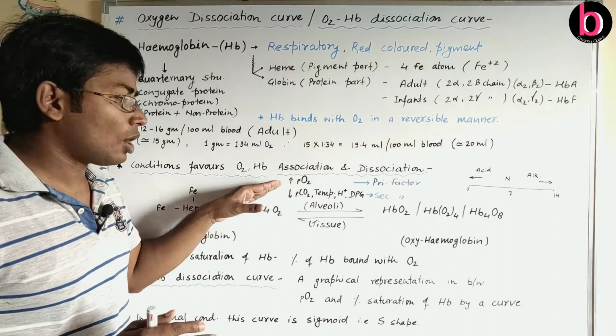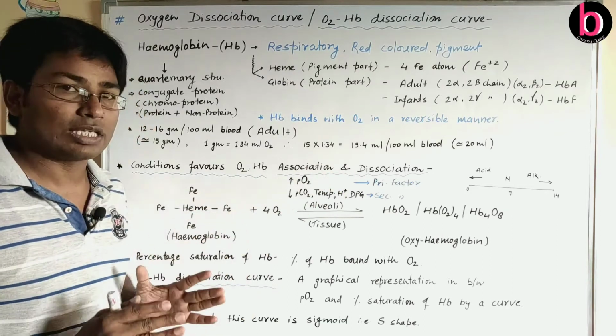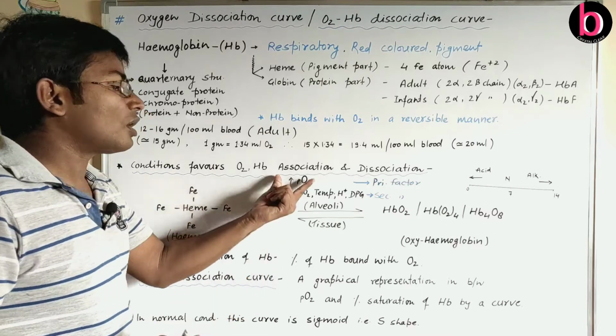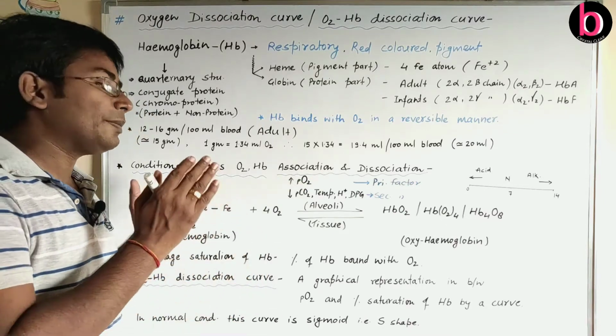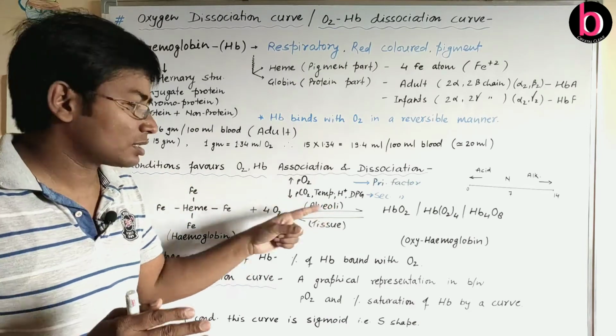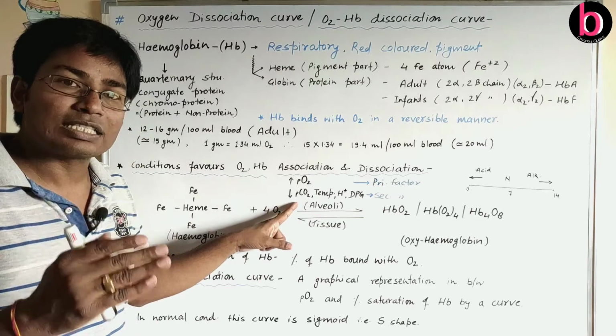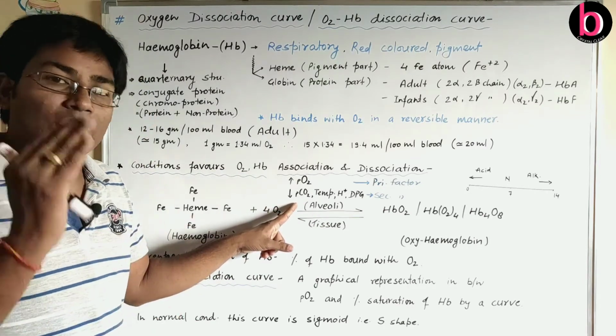So oxygen is the primary factor that will cause association. In our body, the partial pressure of oxygen will be maximum inside the alveoli of our lungs. Alveoli, we discussed, are the structural and functional site of the lungs.